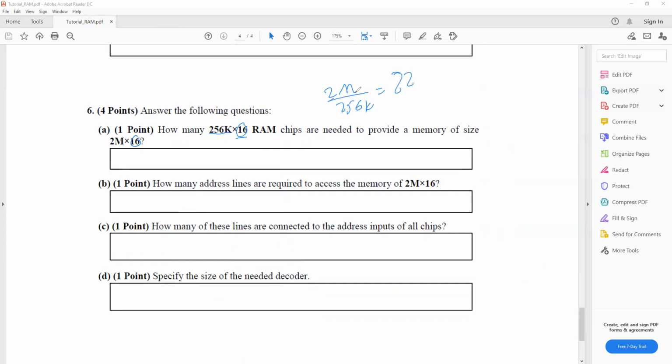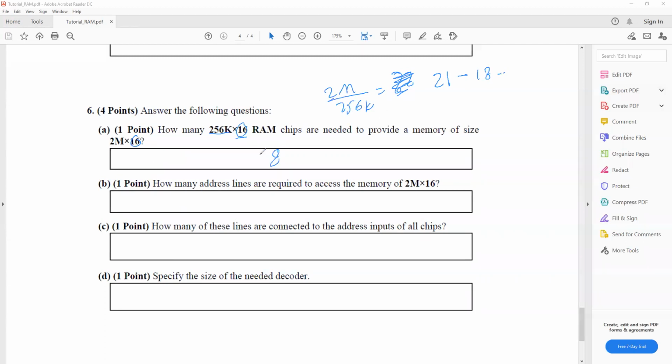2 mega is 2 to the 1 times 2 to the 20, that's 21, minus the 256K, which is 18. So I have 3 bits left, and therefore the answer is 8.